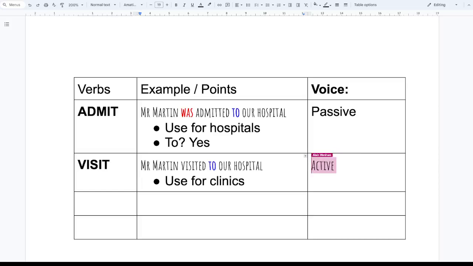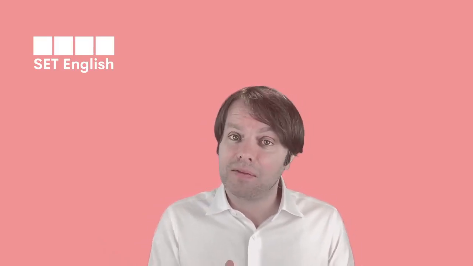It's active. Why is it active? Can anyone tell me on Facebook, why is visit active and admit is passive? Visit is active in the OET situation. We're going to use it in active for entrances, and we're going to use passive for admit.